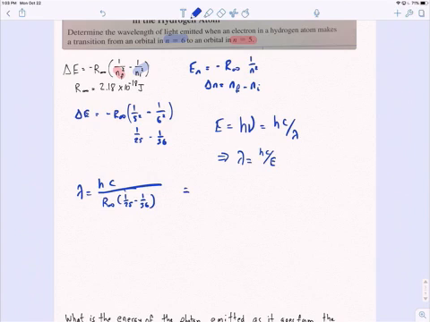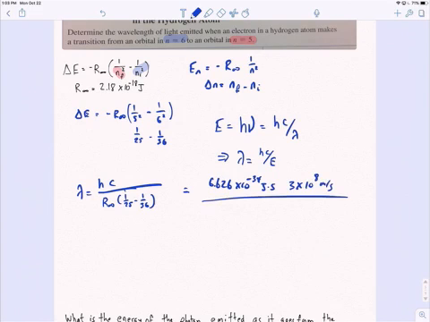And then you just have to put in the numbers. I like to do the math all in one step. Then you put 6.626 times 10 to the minus 34 joule seconds times 3 times 10 to the 8 meters per second, all over the Rydberg constant 2.18 times 10 to the minus 18 joules, and then 1 over 25 minus 1 over 36.